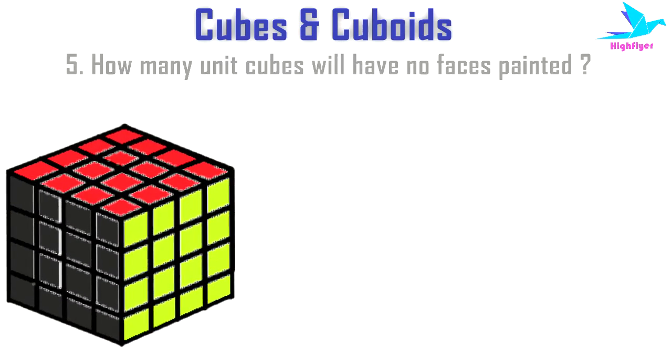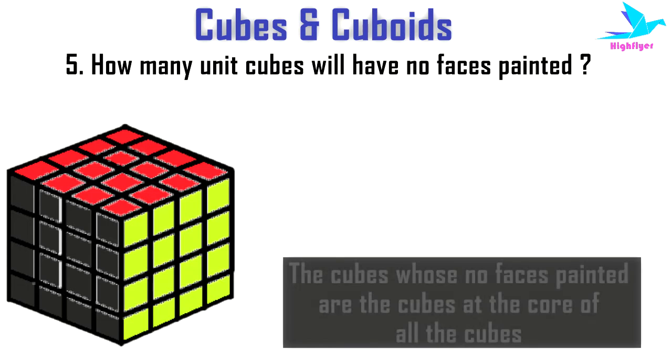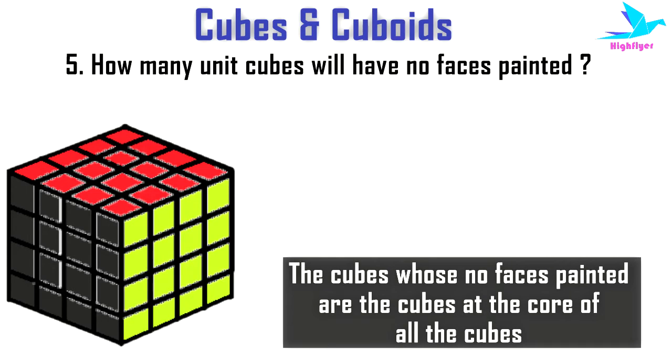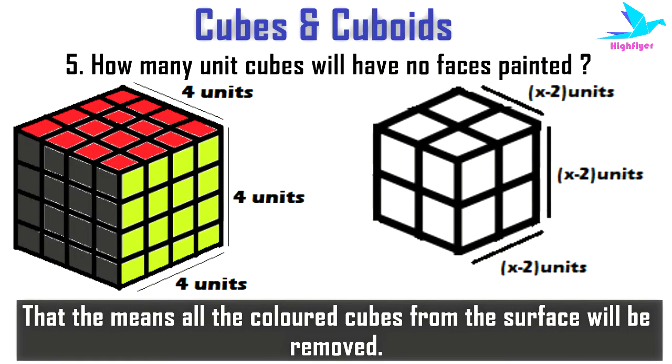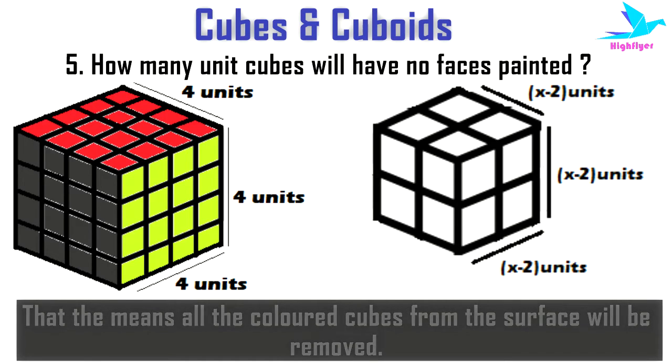Next question, how many unit cubes will have no faces painted? The unit cubes which will have no faces painted are the cubes which are at the core of the cube. That means if we remove all the cubes at the outer surface layer, then we get the required number of cubes which have no faces painted.